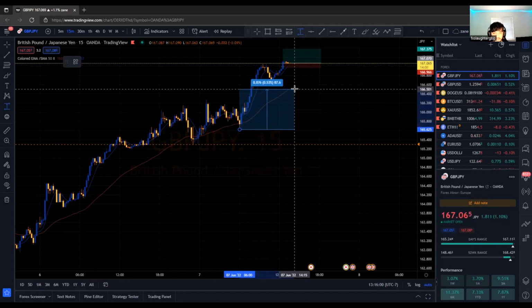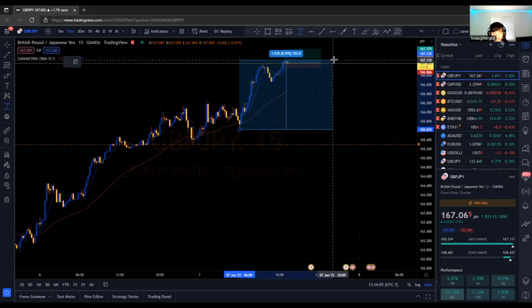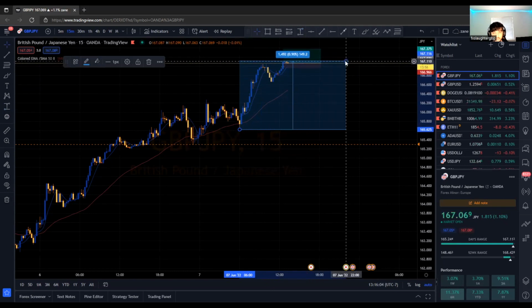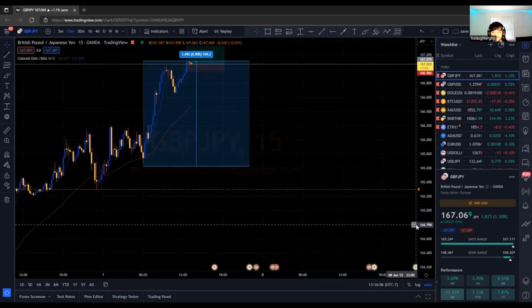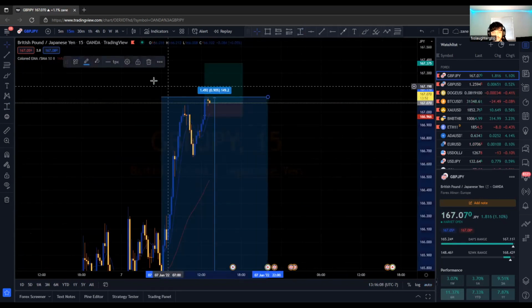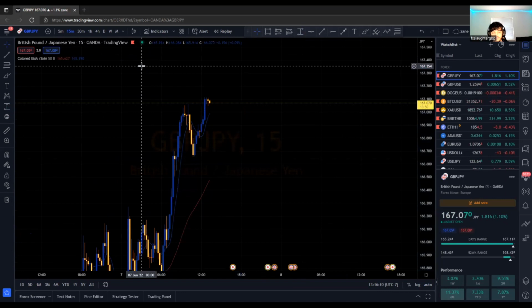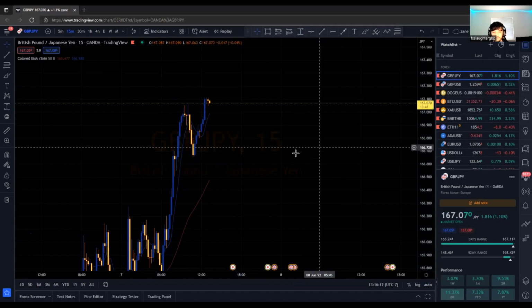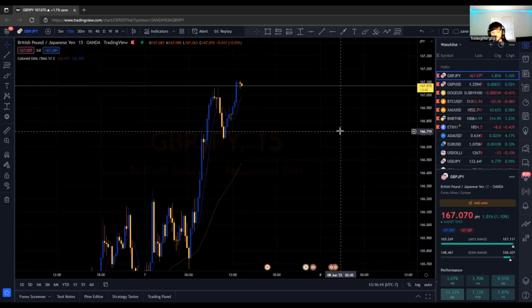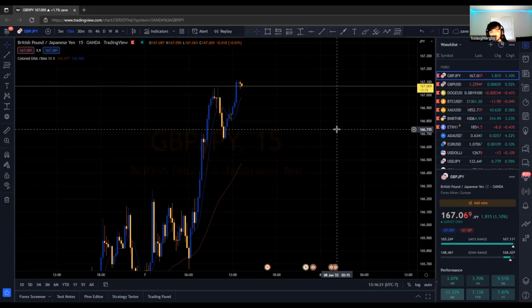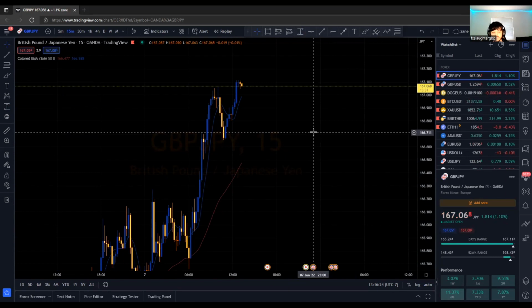If you look at it from here all the way here, we moved almost 150 pips. So that's the only downside about EJ and GU. They move very slow. If a trade takes you 5 minutes on GBP JPY, it will take you 6 hours on EJ. But for beginners, it's a slow and steady pair to trade.